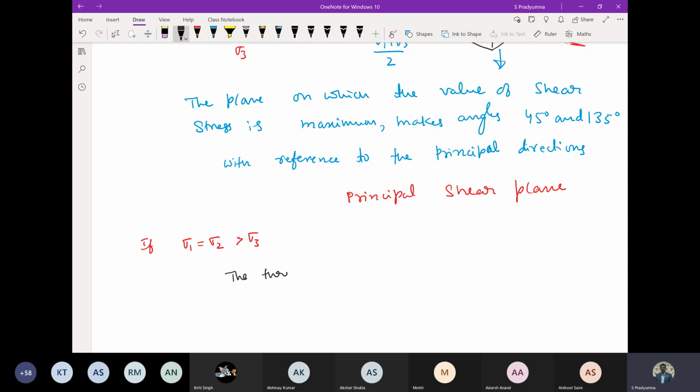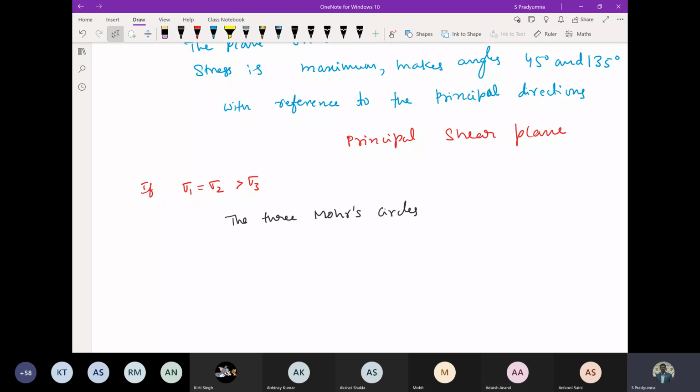Any answer? What will happen if there are only two values of principal stresses, two equal and one unique? They will all coincide. Coincide means what? How many circles will be there?